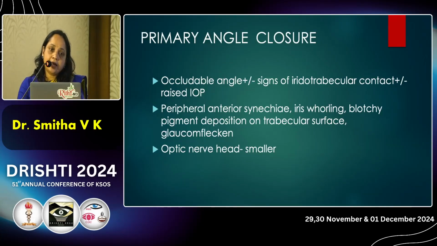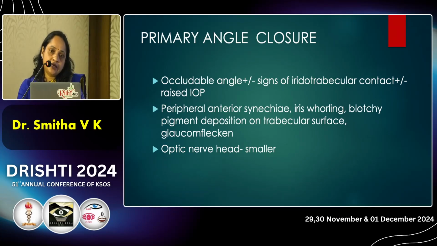In primary angle closure, there is an occludable angle with signs of iridotrabecular contact, with or without raised IOP. The signs of iridotrabecular contact include peripheral anterior synechiae, iris swelling, blotchy pigment deposition on the trabecular surface, and glaukomflecken.